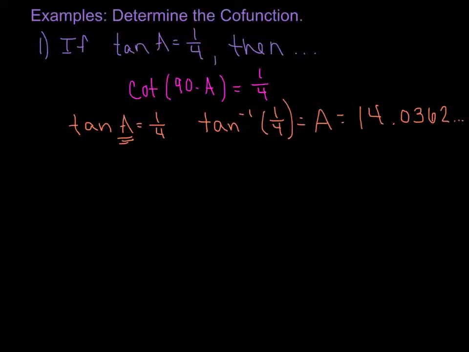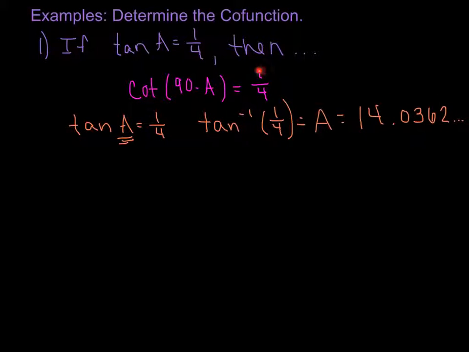If I wanted to make sure I was correct in stating the fact that the cotangent of 90 minus my angle A, which I just found out to be 14.0362, is 1/4, I'd have to type it in my calculator to make sure I'm correct. And if you're typing in your calculator to make sure you're correct, you cannot round this. You have to use the exact value from the calculator.